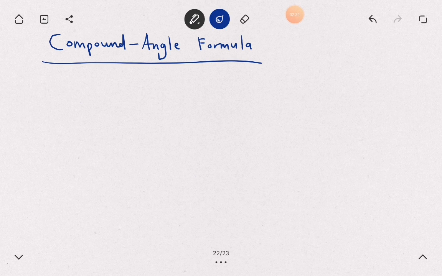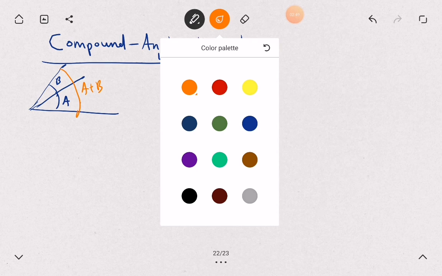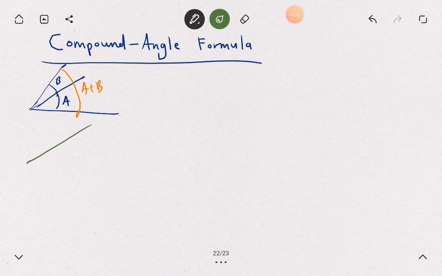Okay, so just now we saw this kind of example. This is B, this is A, and then the whole thing is A plus B, right? Well, apart from plus, there can also be a minus relationship.